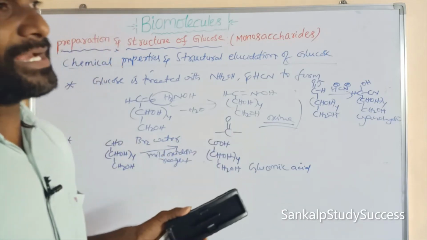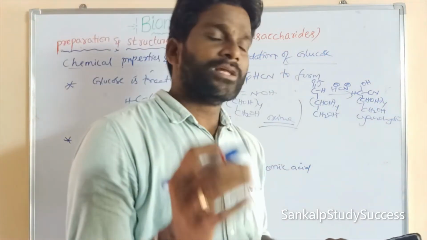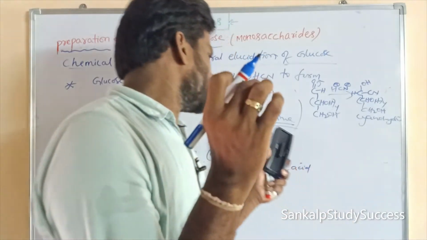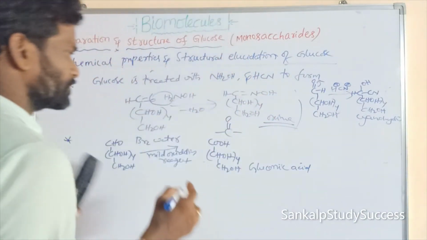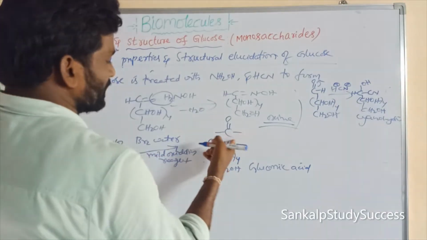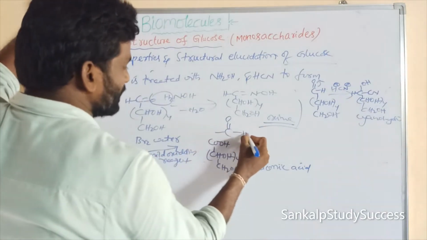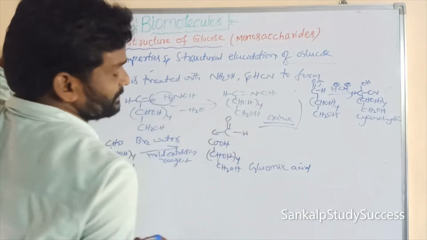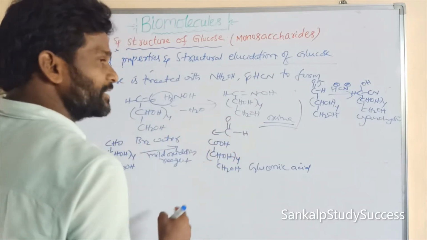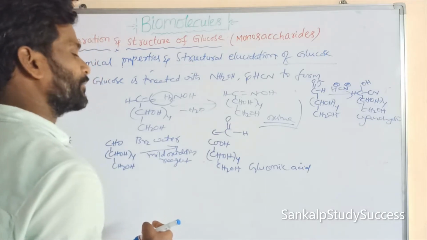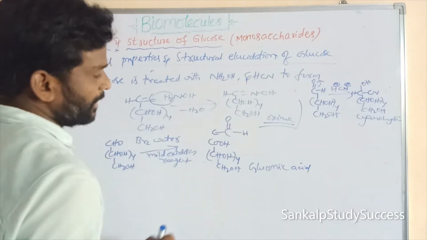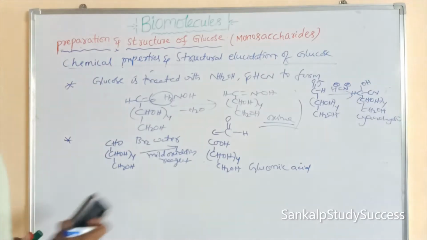So this reaction suggests that the carbonyl group of glucose must be aldehyde. Here two possibilities are there. If one side of the C double bond is attached to hydrogen and the other side to carbon, that is aldehyde. If both sides of the C double bond are attached to carbon, that is said to be ketone. So here ketone group is absent.